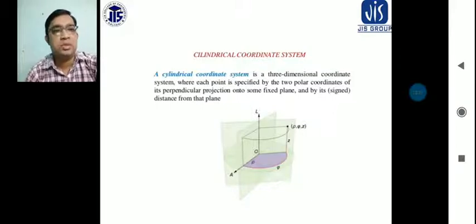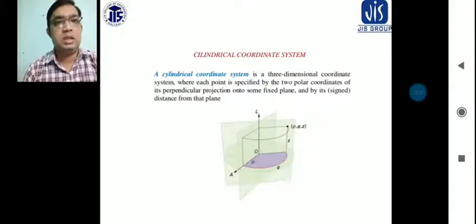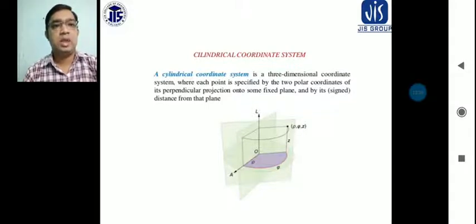You have the vertical component and the horizontal components according to the cylindrical shape. There is rho, and also phi on the cylindrical shape, and the vertical component is the z component, which you can see in the 3D view.